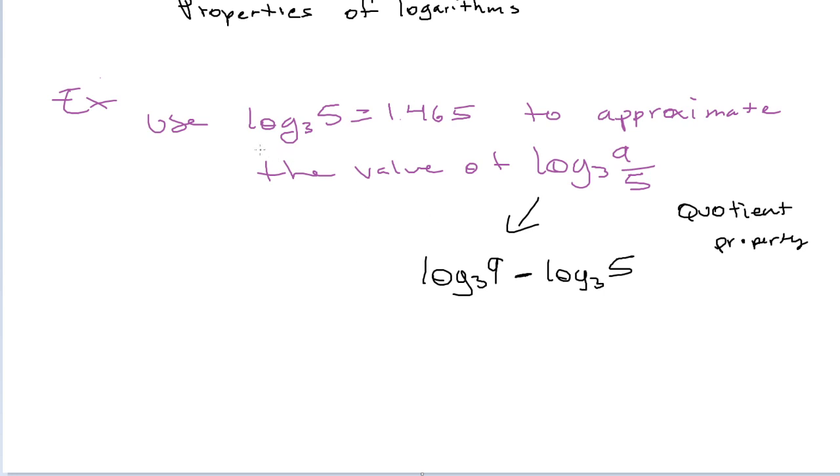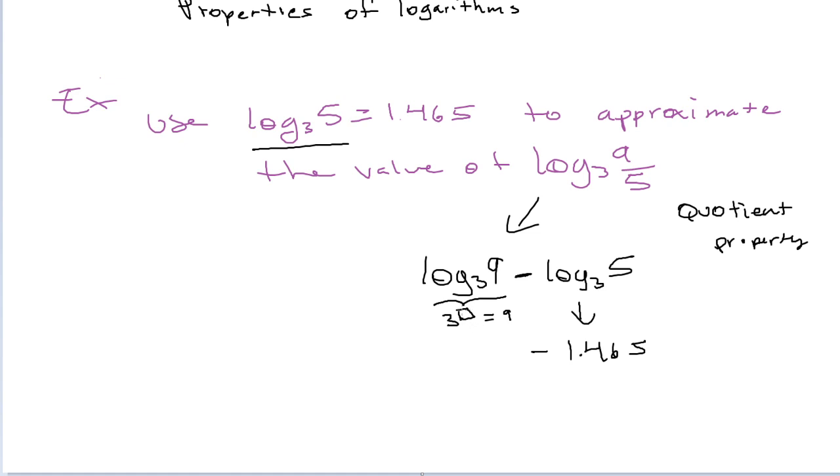Okay, so we already know what log base 3 of 5 is. It's 1.465. All right. Now, basic definition of a logarithm. 3 to the what is 9? What's that number here?